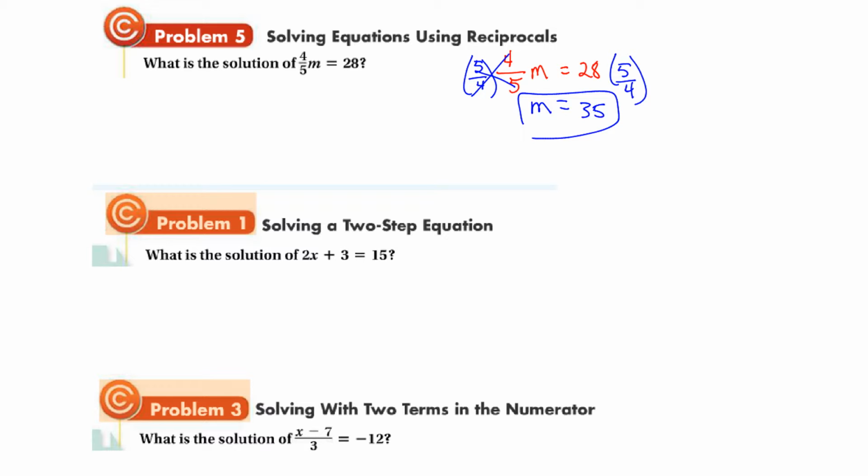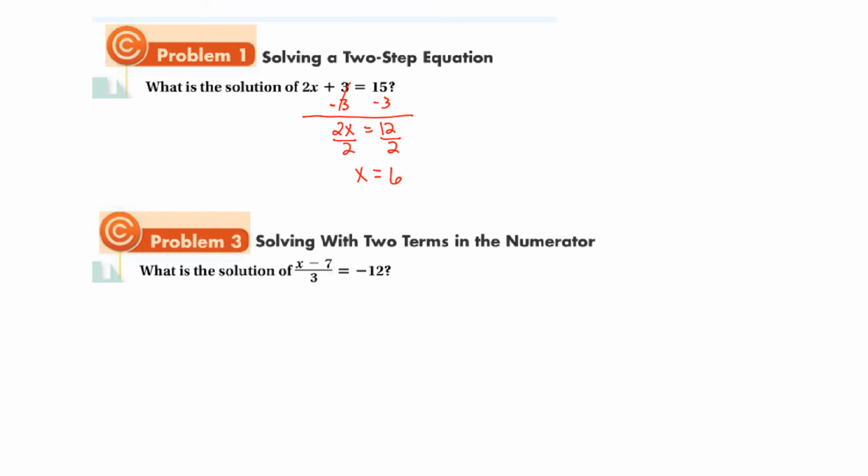Since I have the plus 3 on the same side as my x, I would minus 3 on both sides. Then I would have 2x equals 12, and then do my last step. Divide each side by 2, and I would get x equals 6.